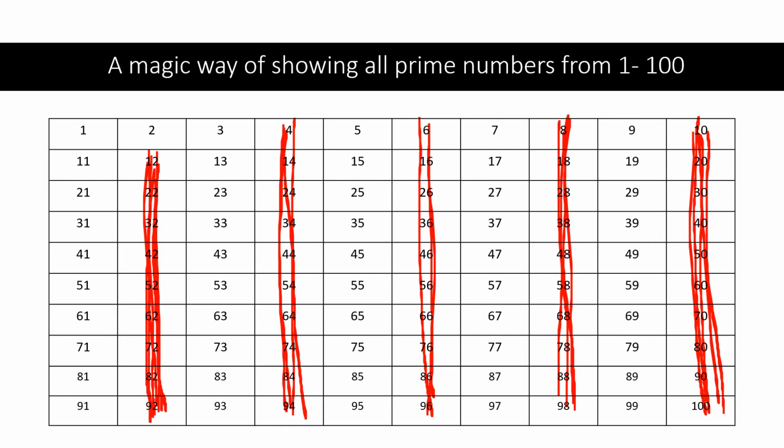3 is a prime number, so now we will color all the cells which contain multiples of 3.